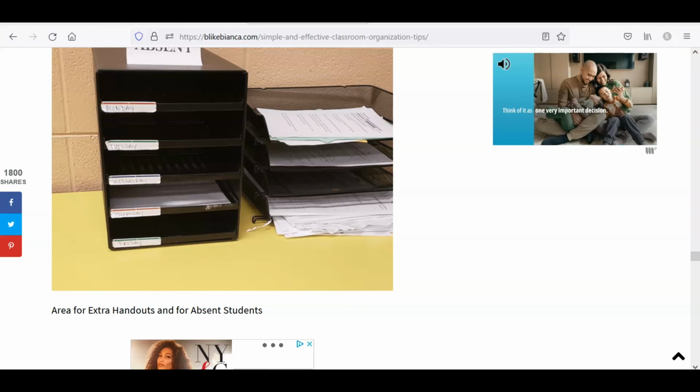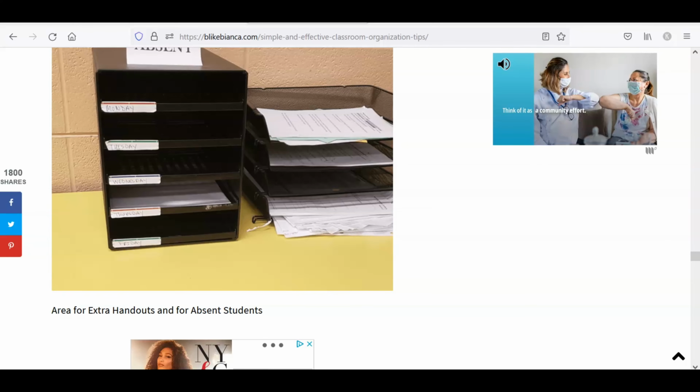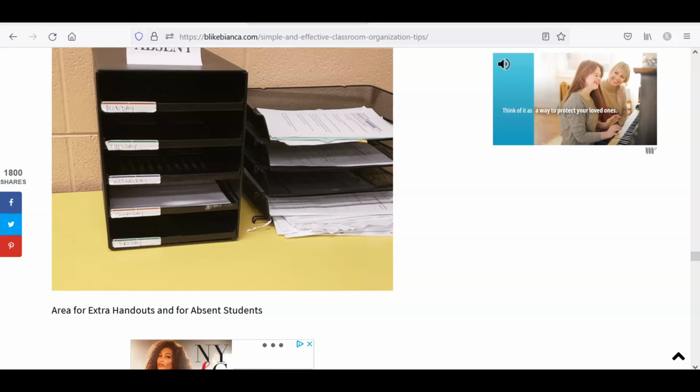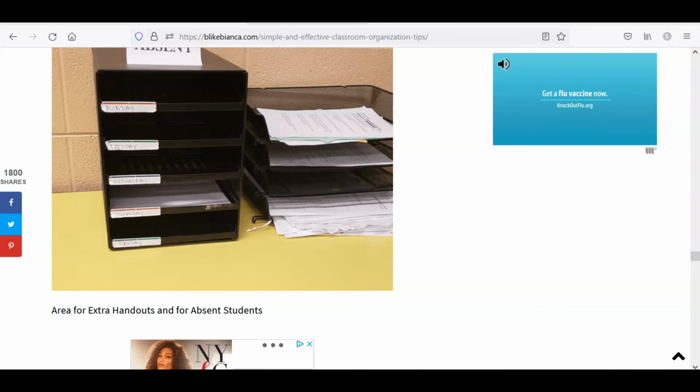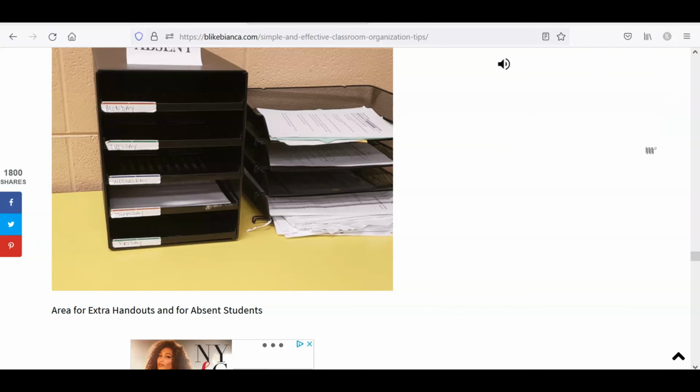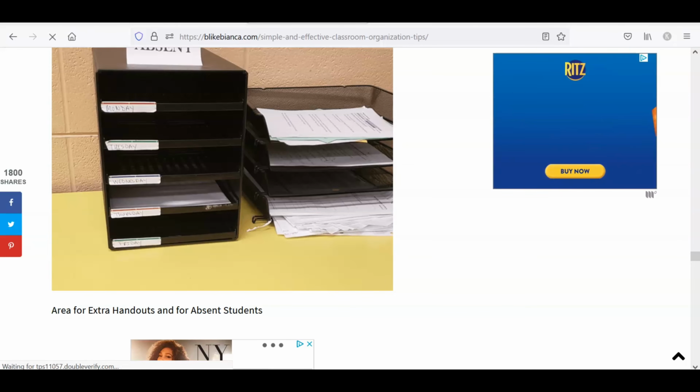If a student doesn't get it, I move it over to the tray on the right. That's where I put any extra handouts, or if we go into the next week, I put those handouts over there in one pile, just in case they didn't get it. And then my bottom tray was for returning papers or passing back papers to students.